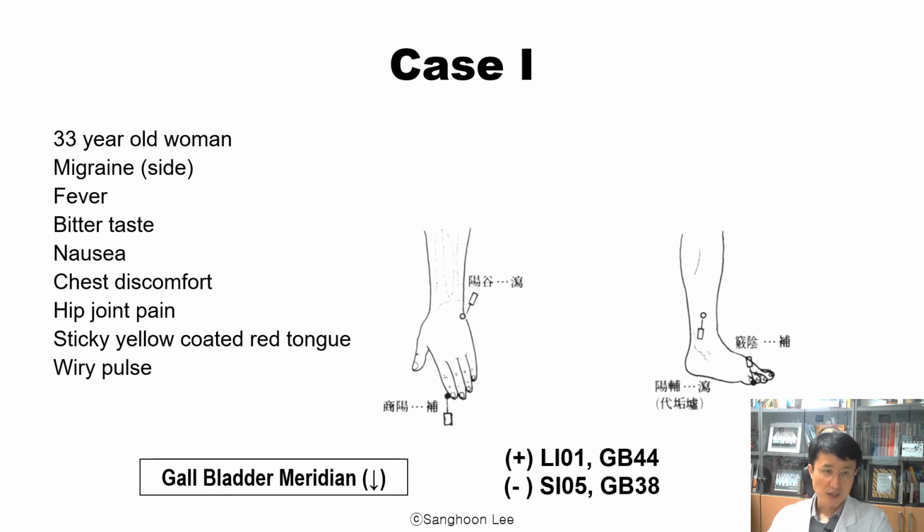This is more related with gallbladder meridian functions and symptoms, and it is more an excess condition rather than deficiency. So we should reduce the gallbladder meridian. So our points are reinforcing large intestine 1, gallbladder 44, and reducing small intestine 5 and gallbladder 38.